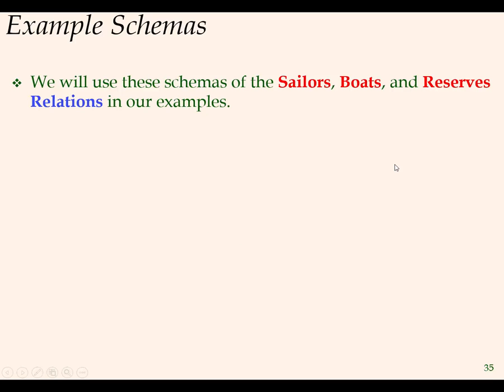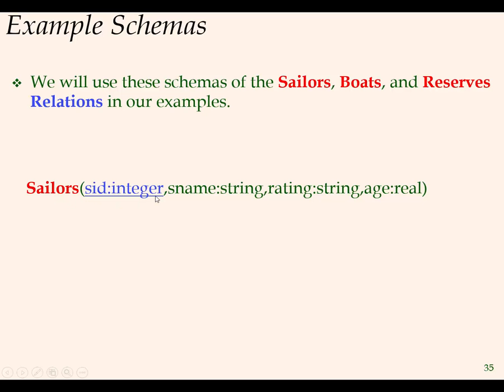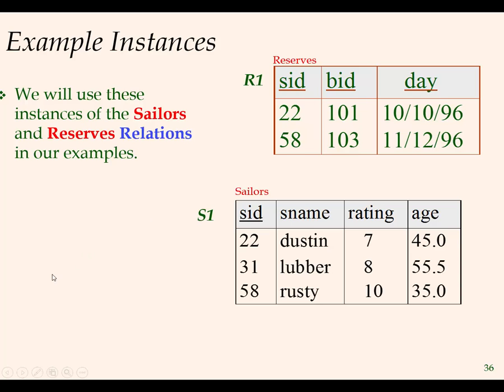Okay, so we are going to use for SQL these three relations with the schema: sailors, sailor ID, sailor name, rating, and age. The boats, boat ID, boat name and color, and reserves, the sailor ID, reserved boat ID on this date. So these are the keys, and these are example instances.